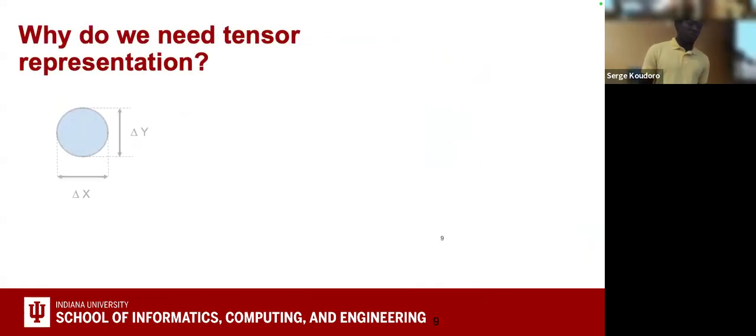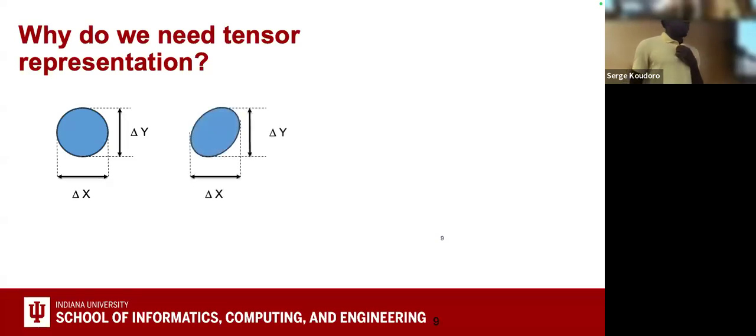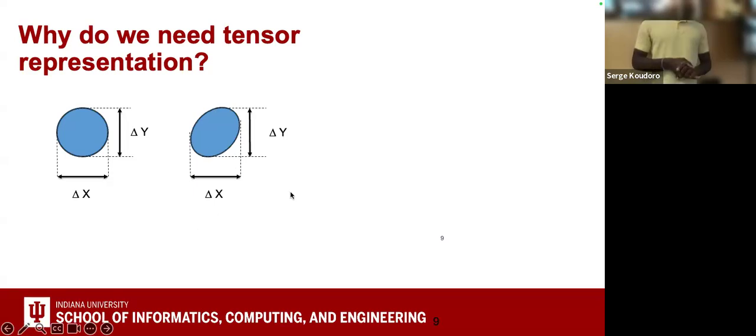So why do we need a tensor for the representation? Here is a basic example. If we look at the diffusivity, in our brain we are in X, Y, Z. And if we look at the diffusivity on X or the diffusivity on Y, here I took a 2D case, but if you see it in 3D, it is the same with the diffusivity in Z. You see that we cannot really distinguish the difference between a circle and an ellipsoid.